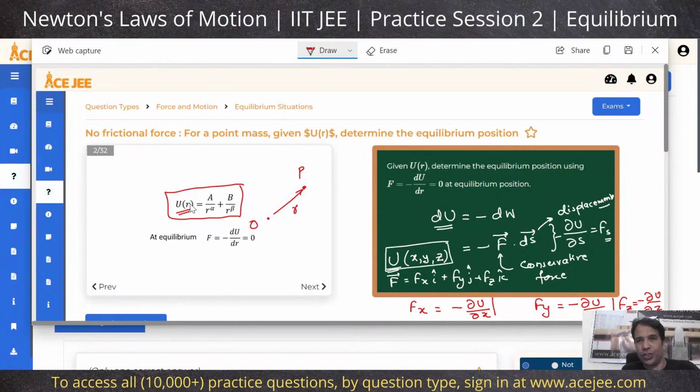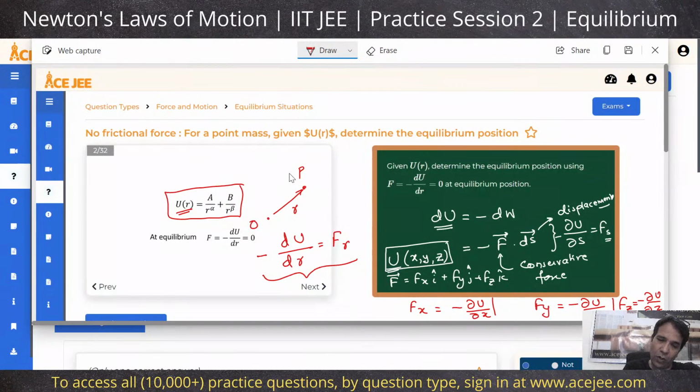If I differentiate U with respect to r, I'm finding how this energy varies if I move along the r direction by a small distance dr. So minus dU by dr will be the force along the r direction.